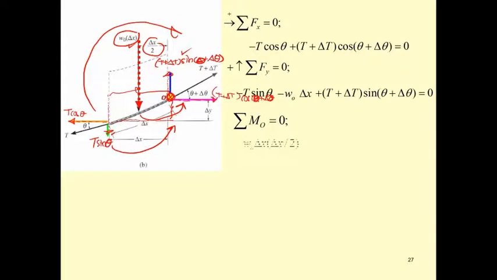So let's say if the counterclockwise rotation is positive, then this resultant force of the uniformly distributed load, times delta x over 2, is positive, and the other is going to be negative of what?